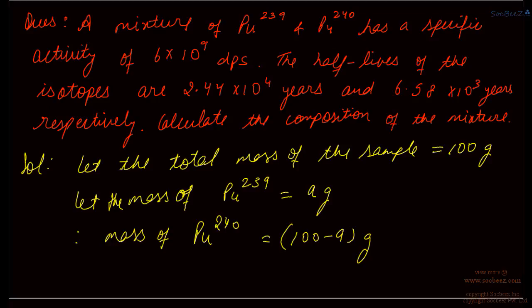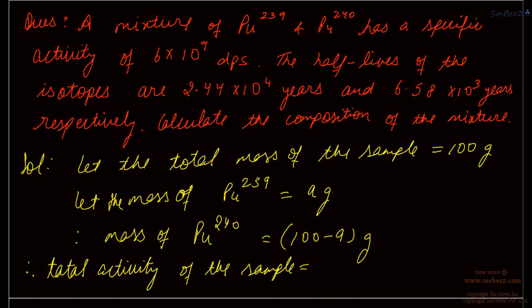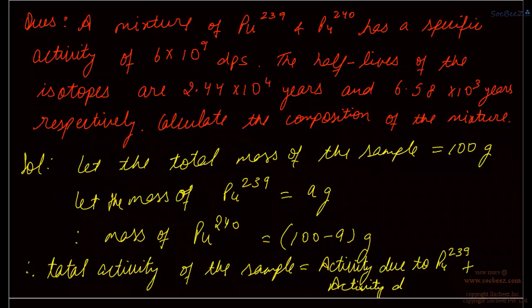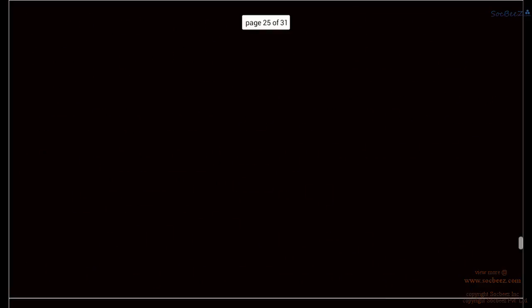Now, the total activity of the sample will be the sum of the activities due to both of these constituent species. Therefore, the total activity of the sample equals activity due to 239 plus activity due to 240.